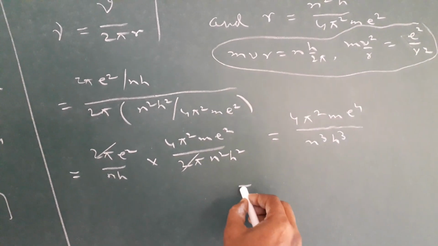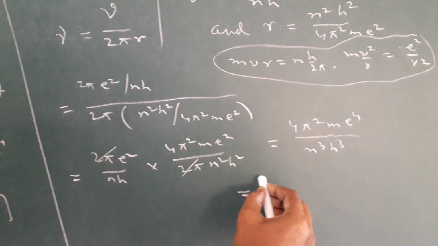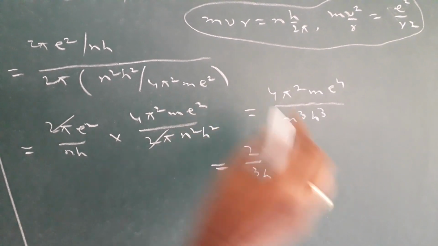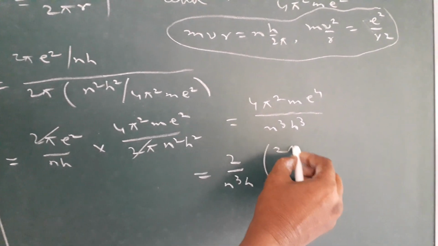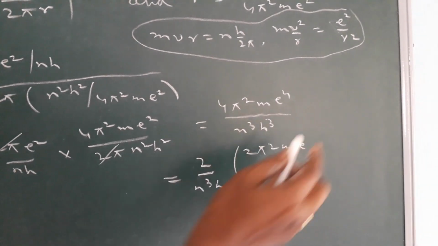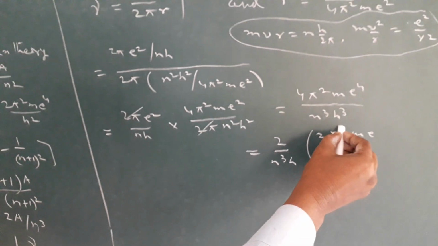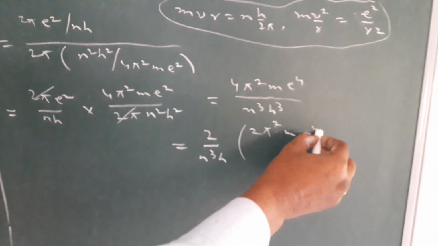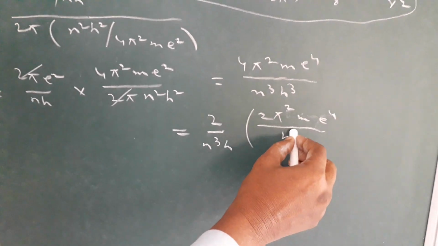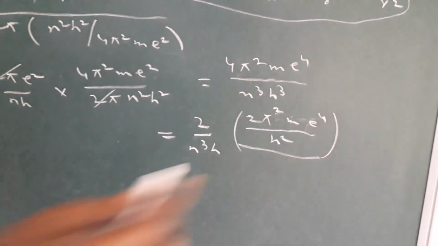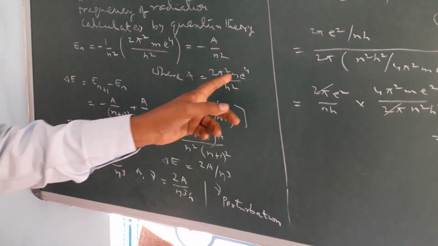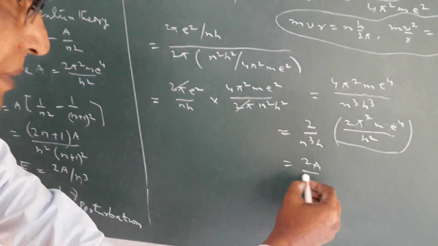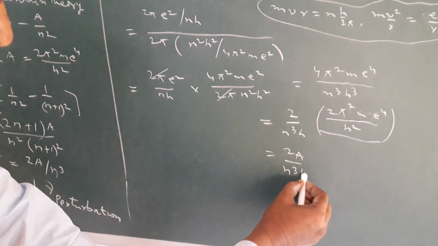We can write this as 2 by n cube h, and within the bracket 2 pi square m e to the power 4 divided by h square, and this term within the bracket we have already abbreviated as A. So this will be equal to twice A divided by n cube h.